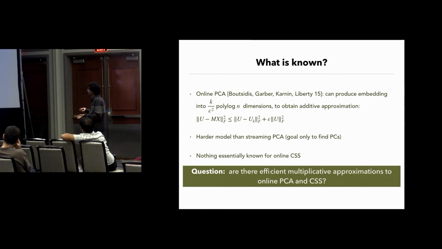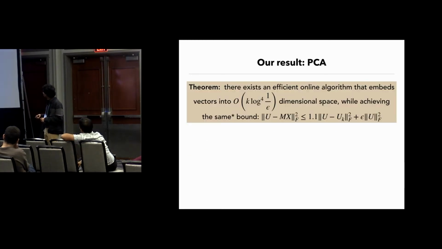And one of our motivating questions was, are there clean multiplicative approximations to online PCA and column selection? So what we could show is not quite a multiplicative approximation, but the following result. There is an efficient online algorithm that embeds vectors into dimension something like k times polylog of 1 by epsilon instead of 1 by epsilon squared, while achieving the same bound as the Boutsidis et al. result. So your error is less than or equal to essentially the best rank k error plus epsilon times the Frobenius norm.